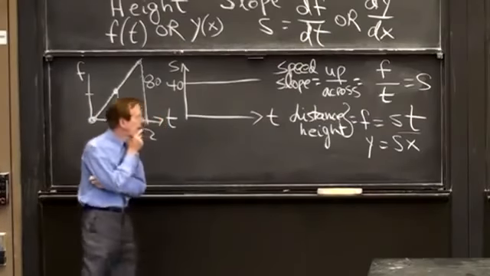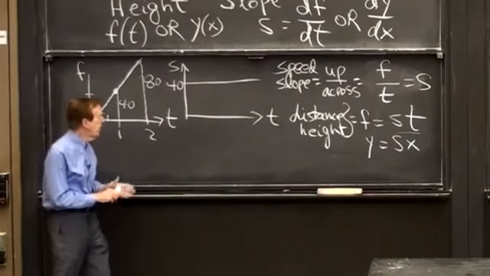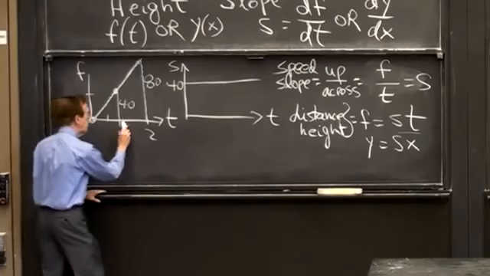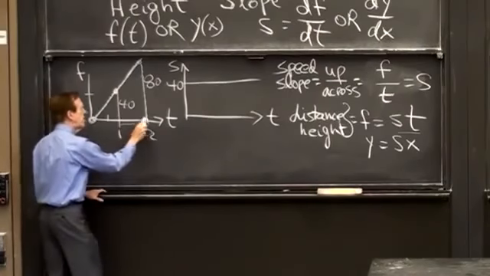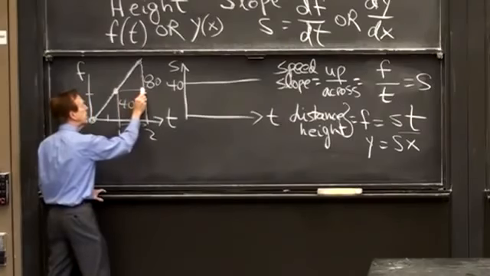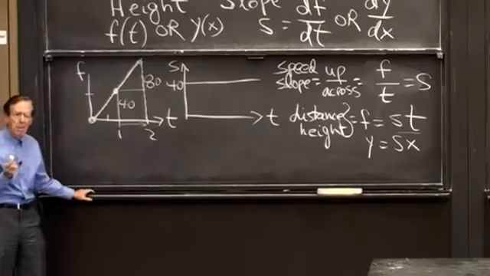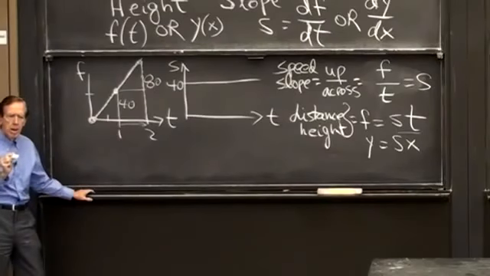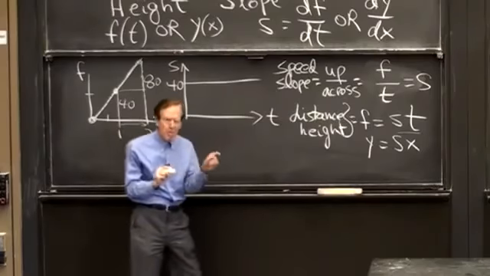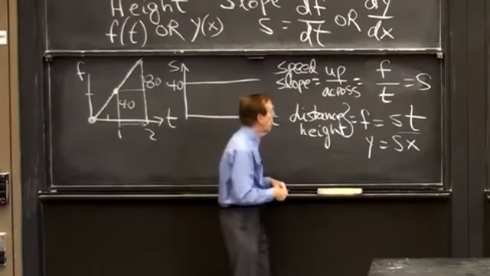In fact, can I call your attention to something a little more? Suppose I measured between time 2 and time 1, and I look how far I went in that time. I'm going to put in another little symbol because it's going to be really worth knowing.